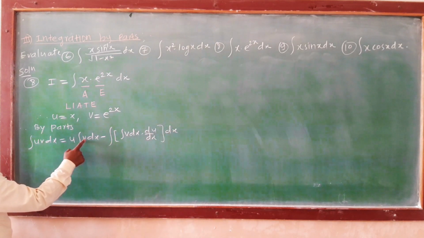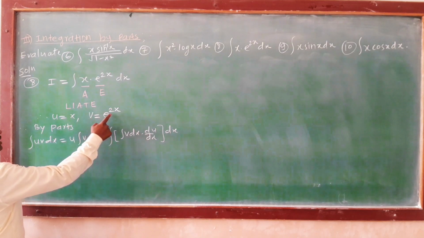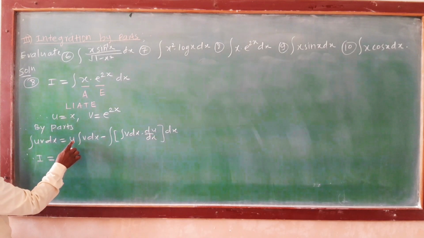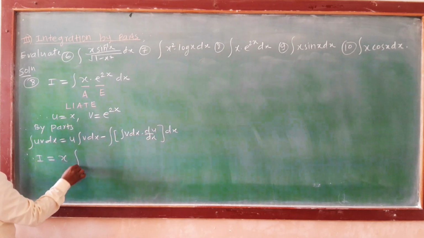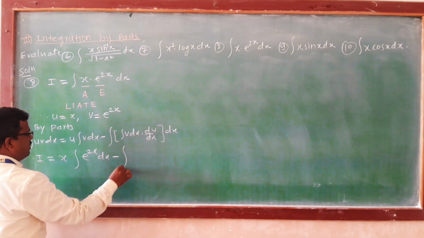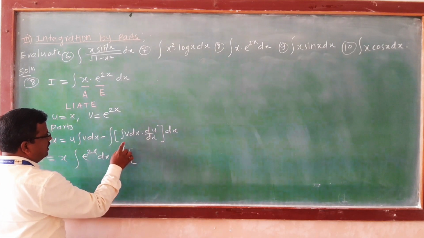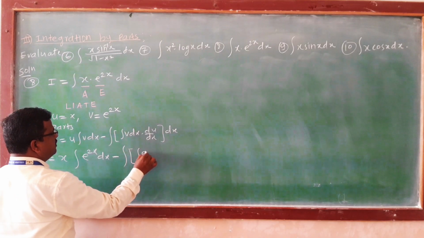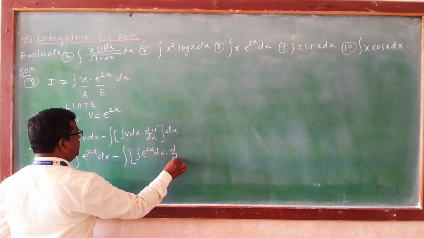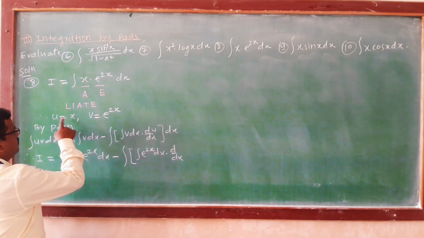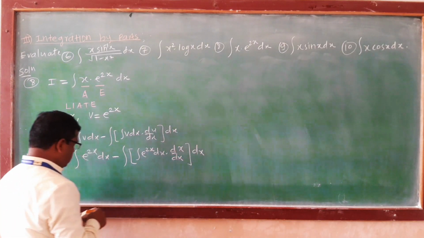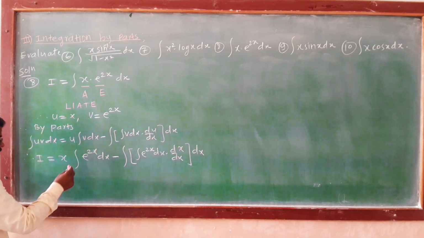Now put the values of u and v, u is x and v is e raised to 2x, in this formula. Therefore I is equal to u, which means x, times the integration of v, which means e raised to 2x dx, minus the integration of the integral of e raised to 2x dx into d by dx of u, which means x, with respect to x.